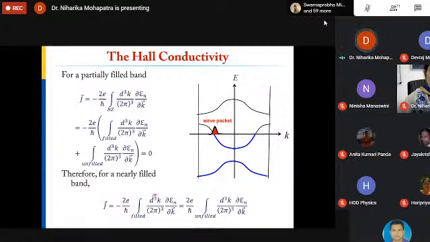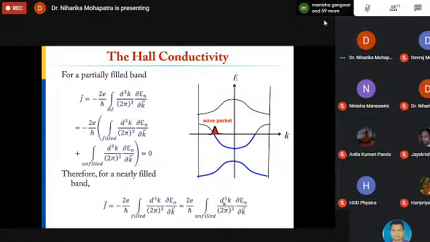So the contribution of the filled band will be equal and opposite to the contribution of the unfilled band. You can see that if you compare these two, one is negative, the other is positive. This actually gives you the concept of the hole. From here only we get the concept of holes or positive carriers in the system.